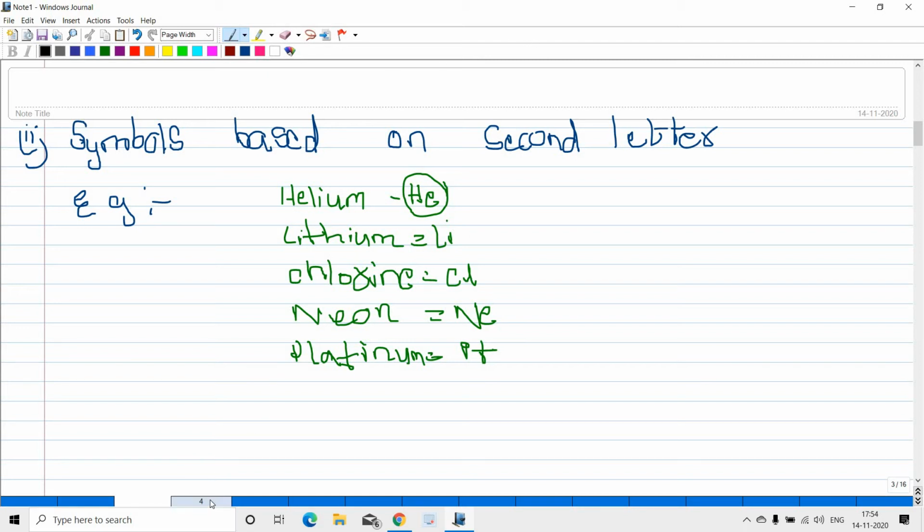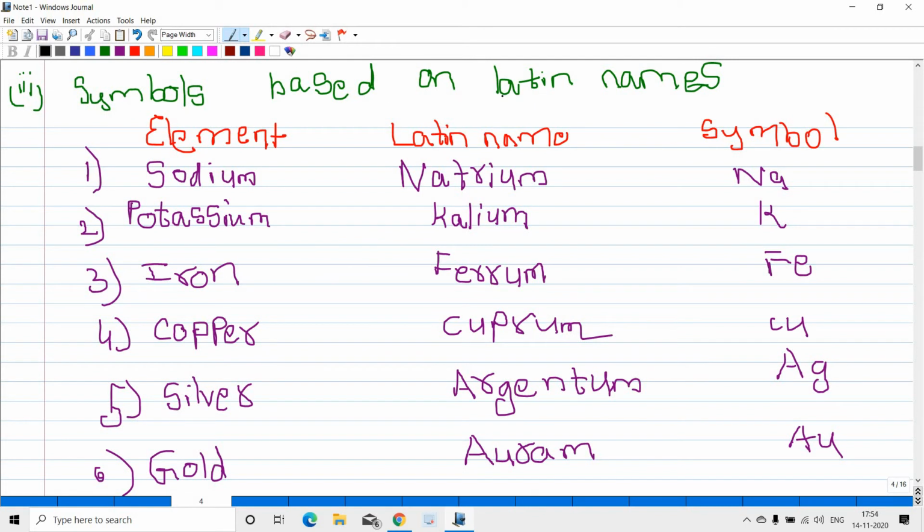Coming to the third one, symbols based on Latin names. These are very important names. We should never forget them in the future, because some of these elements are different in symbol formation. For example, take sodium. Sodium has the symbol Na. It is totally not related to sodium.